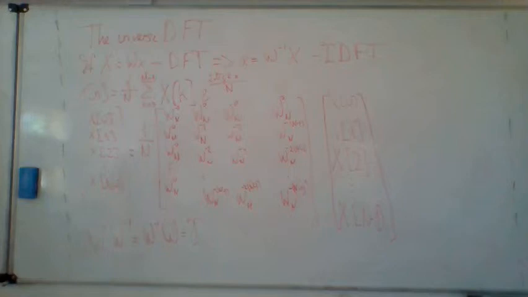We can rewrite it as x[n] equal to 1 divided by N times the sum with X, where we have to divide by N to keep our equation true. So let's rewrite it as a multiplication of matrix and vector.